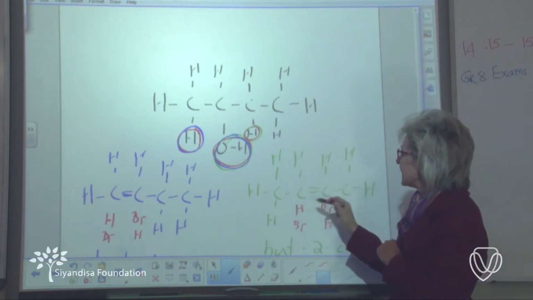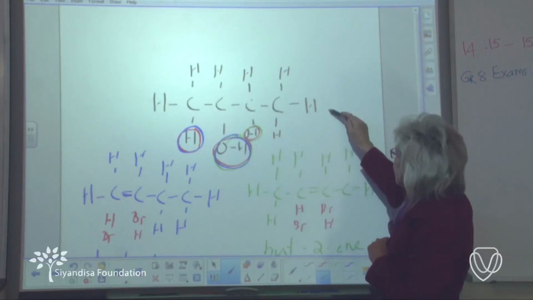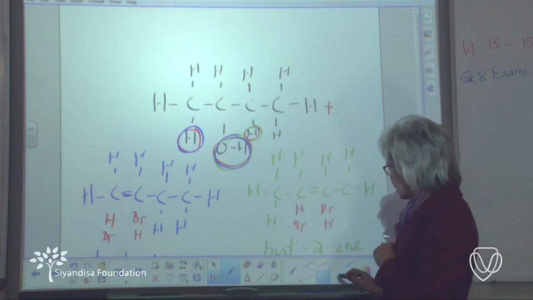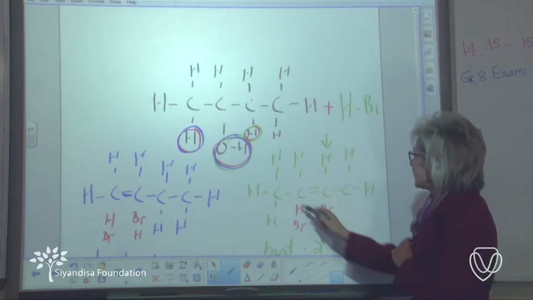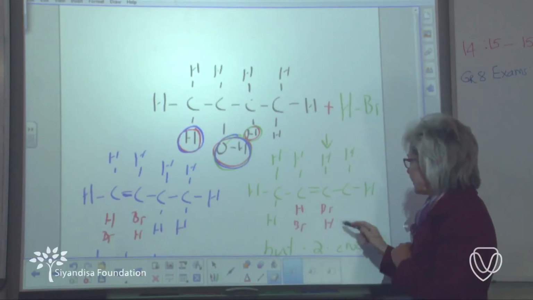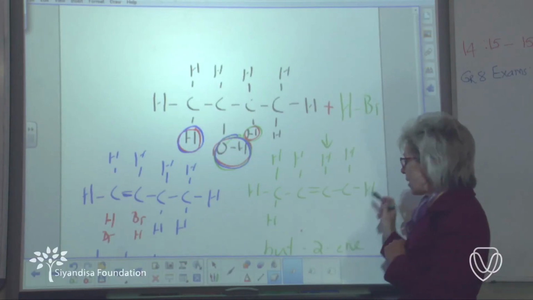So what you would have written was the original butan-2-ol. Remember it's structural formula, you are adding HBr, and you are ending up with the green one, and that would then be the answer to that question. This would be compound Q.